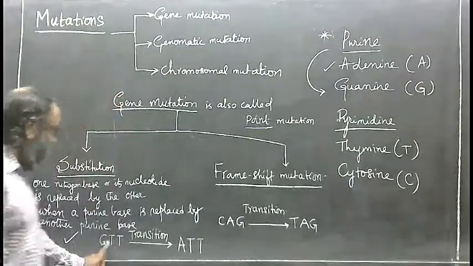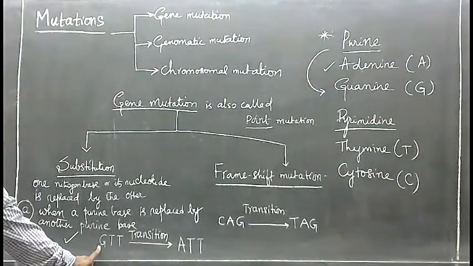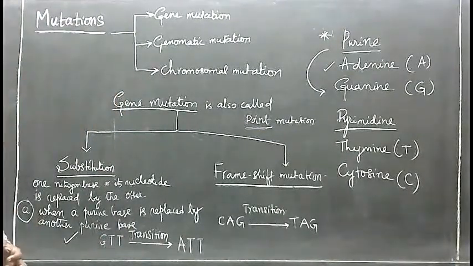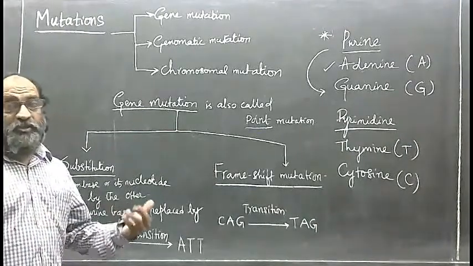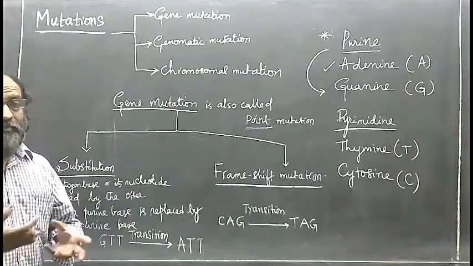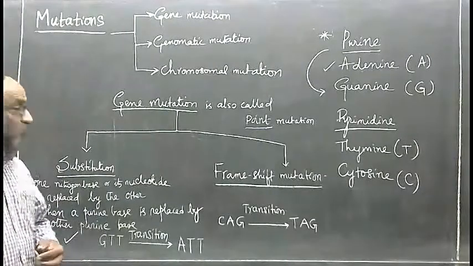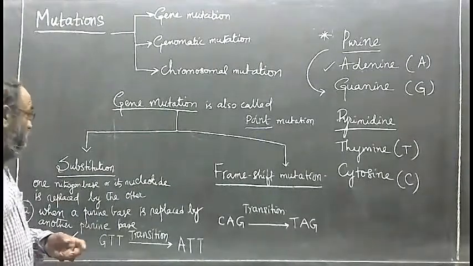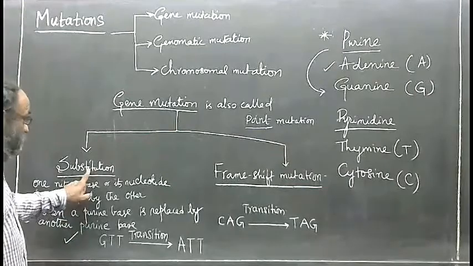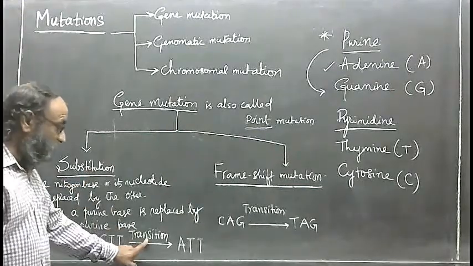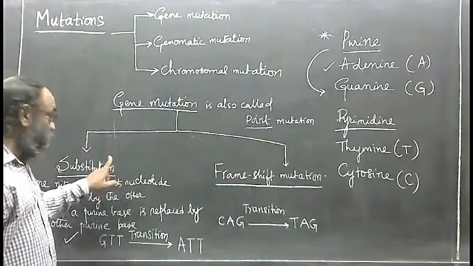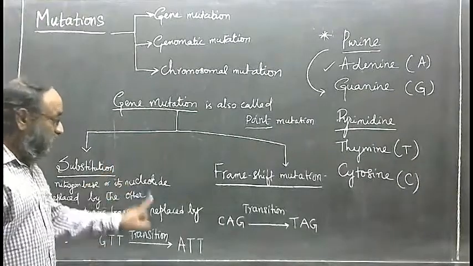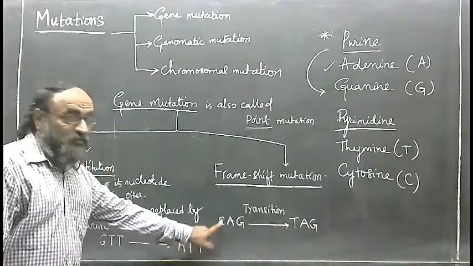If the GTT codon upon mutation forms ATT, then the mutation is substitution by transition.